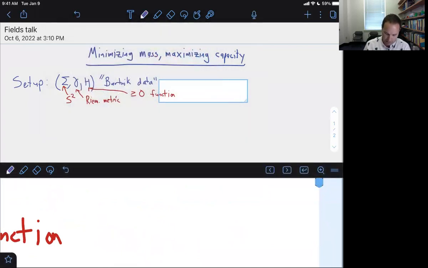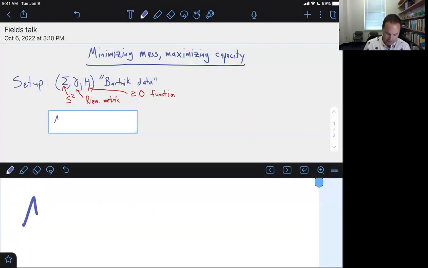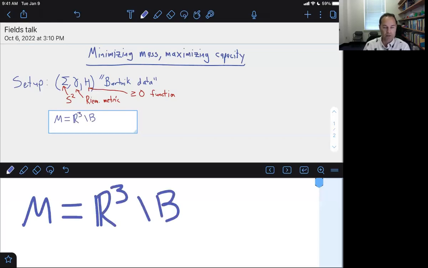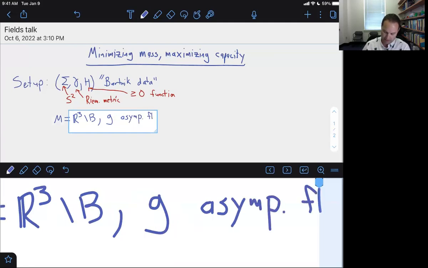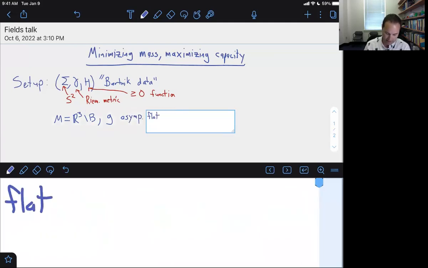Okay, so we've got this Bartnik data. We're also going to have a manifold M, a smooth manifold. It'll just topologically be R3 minus a ball, so it's got a spherical inner boundary. And then we're going to have G representing an asymptotically flat Riemannian metric. Okay, so this is three-dimensional.